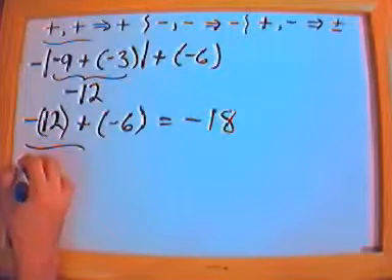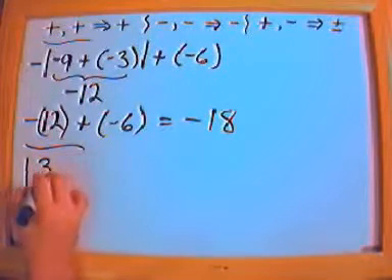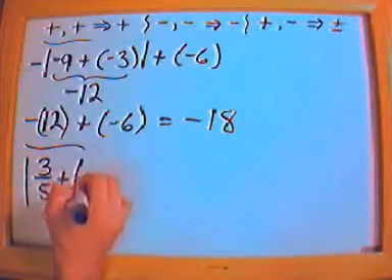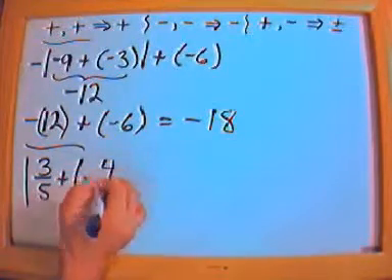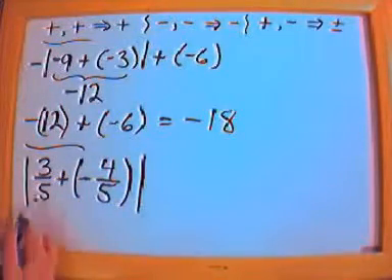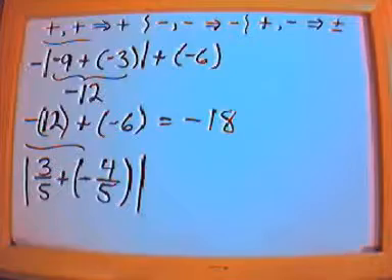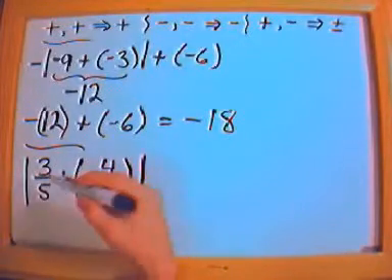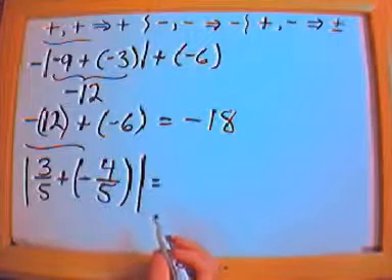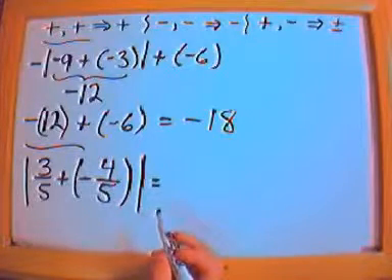Okay, let's do absolute value of 3/5 plus negative 4/5. And luckily this fraction has 5 in the bottom, so I can go ahead and add it, no problem. But I have a positive and a negative that I'm adding together, so I need to figure out which one is bigger.